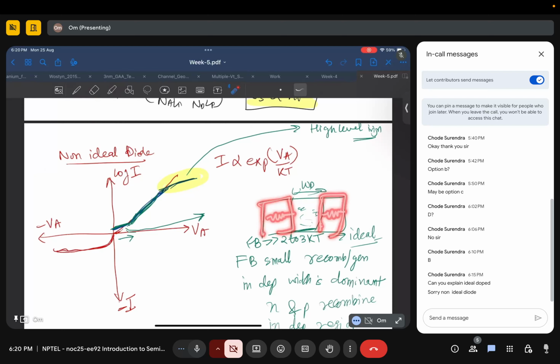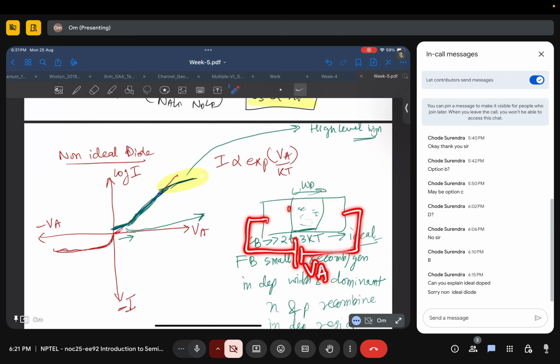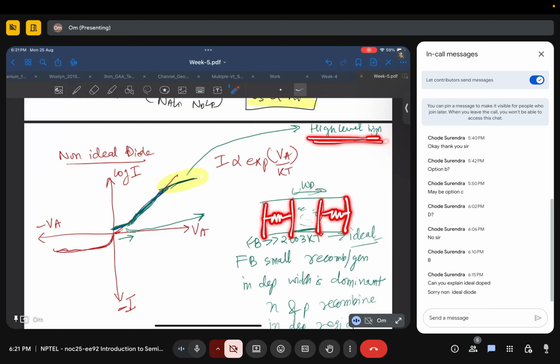But when your VA is very, very high, when your forward bias is much higher, since the current is very high, the IR drop increases, right? So if you are applying, let's say, VA here, effectively at the junction, say VA minus delta is reaching. So your forward bias across the junction is effectively reducing due to the drop in these quasi-neutral regions, which is called the high level injection case.